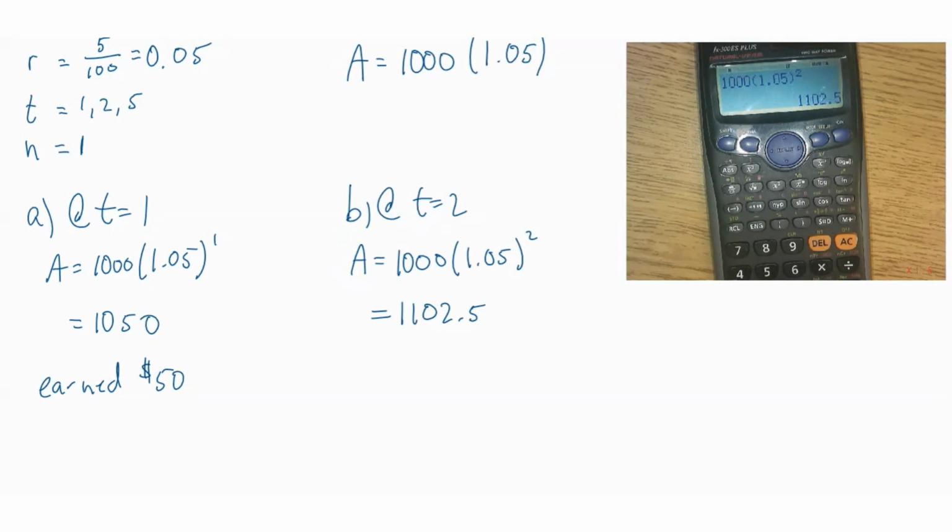Why? Well, this is how compound interest works. That's why it's called compound interest. And this is how exponential growth works. And the reason why, so you actually earned in the second year only, you earned $52.50. The extra $2.50 is what? Anybody have an idea?